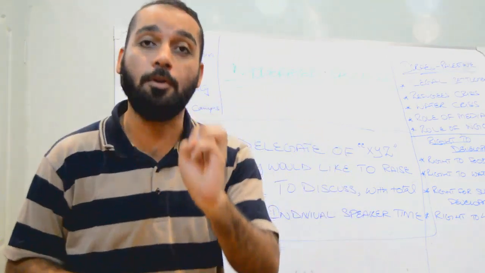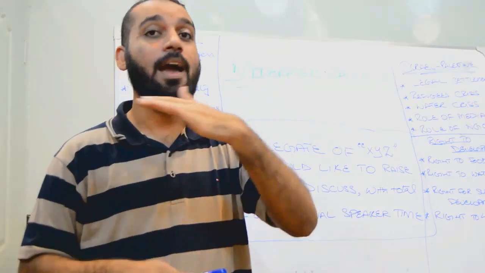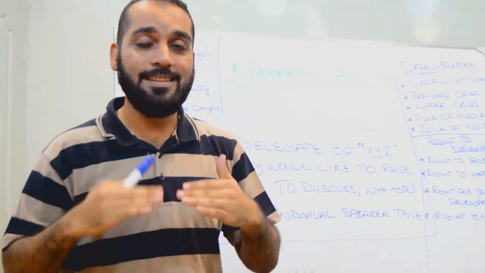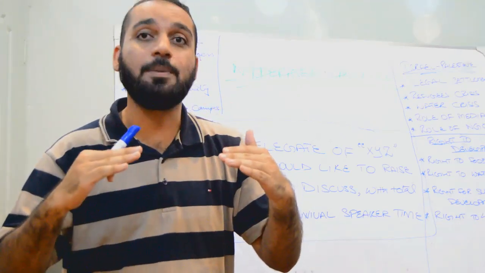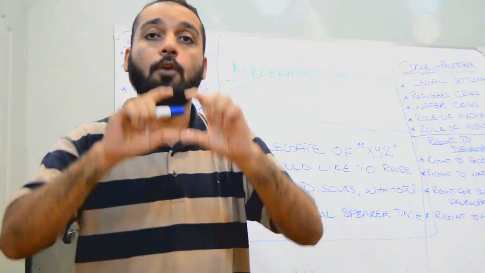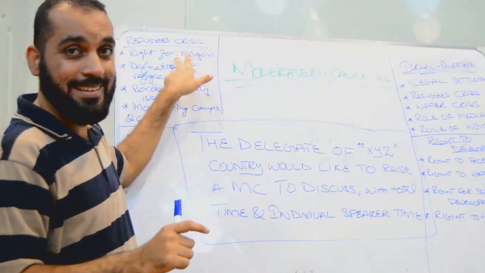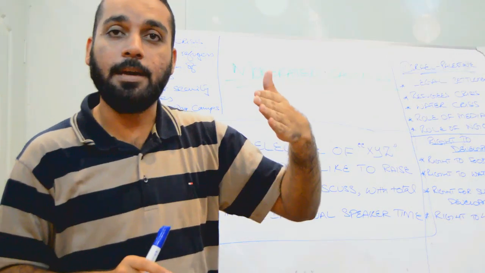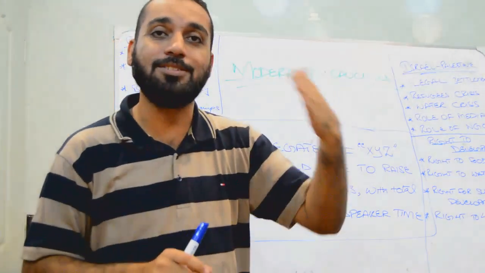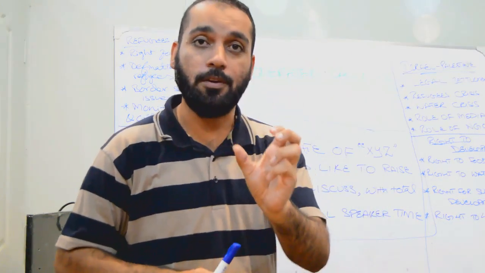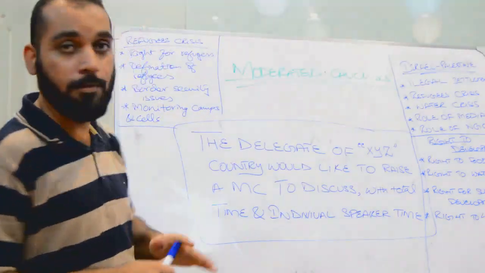So these are the moderated caucuses. Again, you have to really understand the main difference. The moderated caucus is basically the subtopic of your main agenda. The main agenda is the refugee crisis that your committee has managed to pass to discuss, and the subtopics, the moderated caucuses, are these 4 of them.